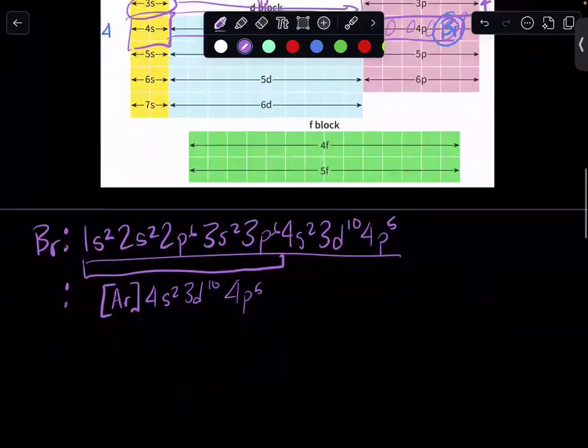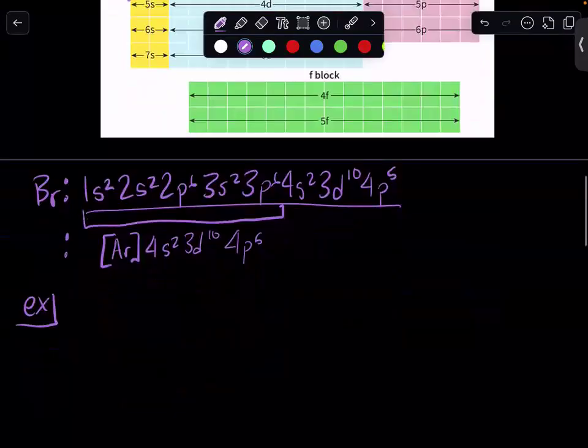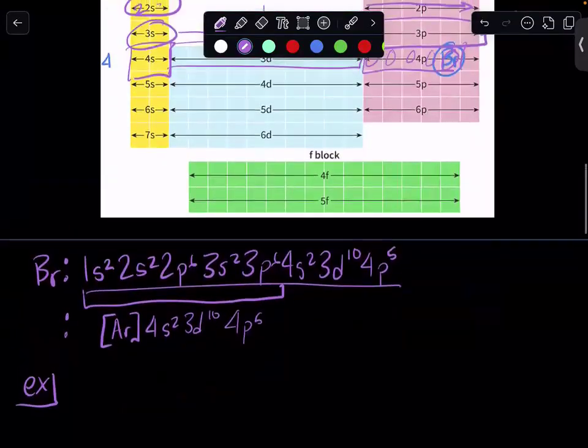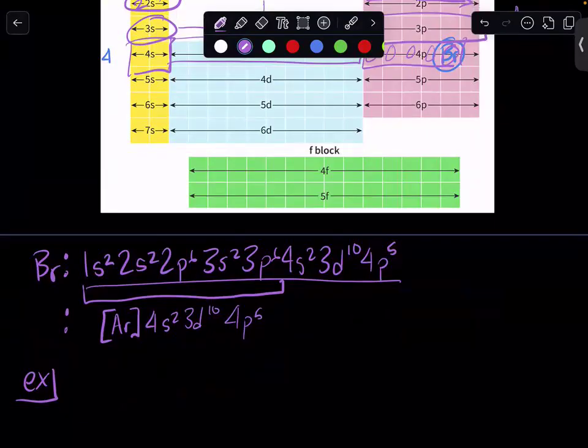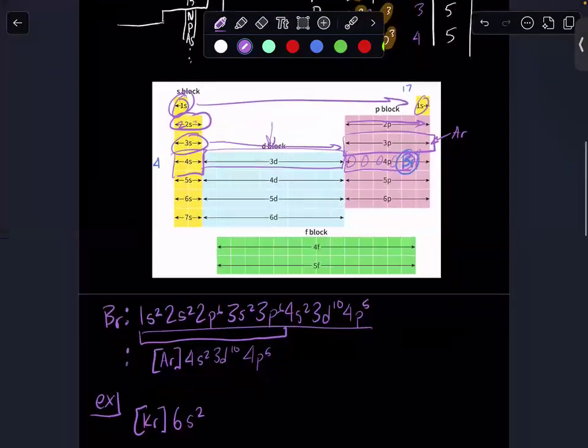Now, the one other thing the IB wants you to be able to do is go back with that. So if I gave an element, let's do a little practice example, and I'll give a couple electron configurations. Let's say krypton, and we'll say 6s2. You should be able to find that element. So give it a shot. You can use a periodic table yourself, but krypton is right here.